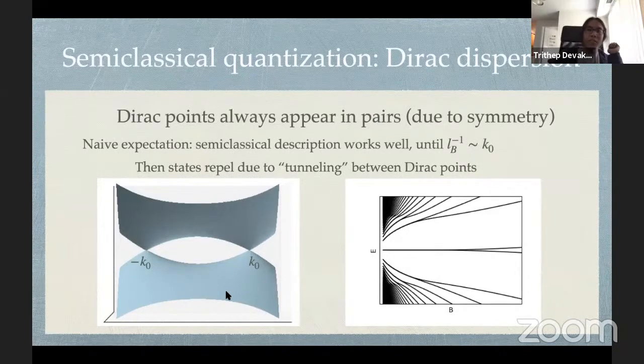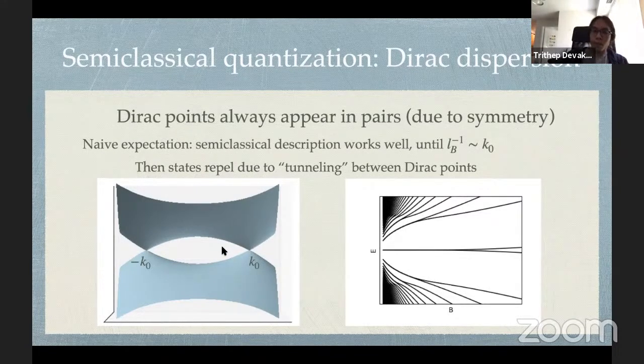Now, the naive expectation there is that this semi-classical picture works well when you can consider each Dirac cone as being isolated from the other. And that happens whenever the wave functions located near the Dirac cones are localized within some inverse magnetic length of these Dirac cones. So you could say, well, as long as the inverse magnetic length is much smaller than the separation between the two Dirac points, then this description should work well, and we should see the spectrum of each individual Dirac cone.